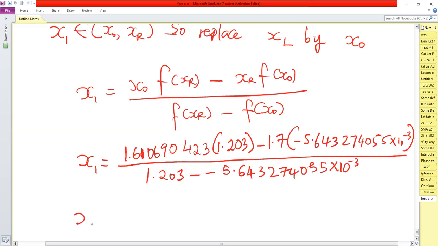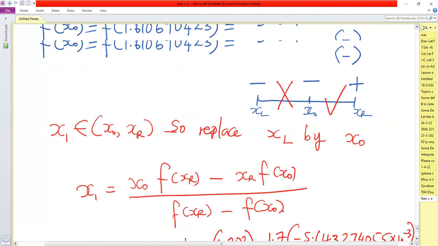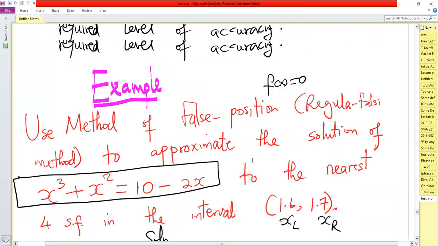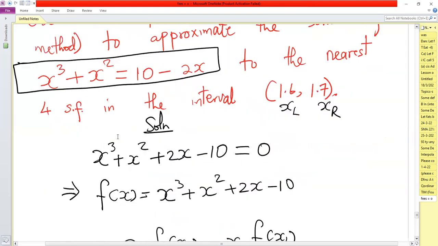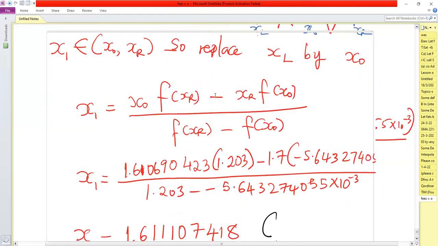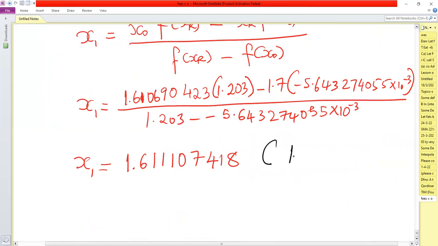Using your calculator, X1 will be given by 1.611107418. Now, if you round off this answer to the stated accuracy, remember the solution was to be expressed to four significant figures, this will give us 1.611.